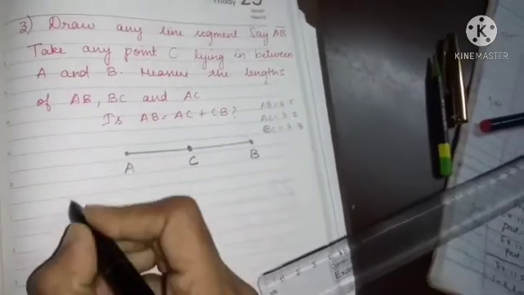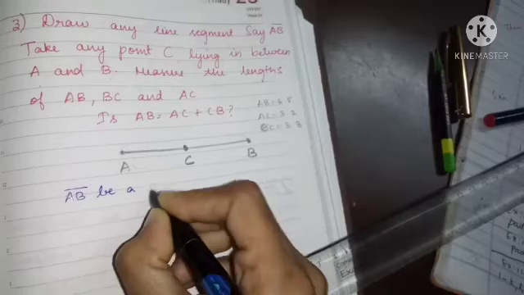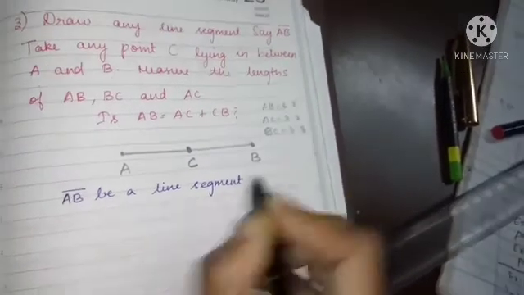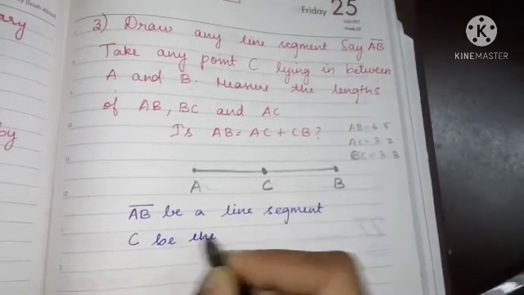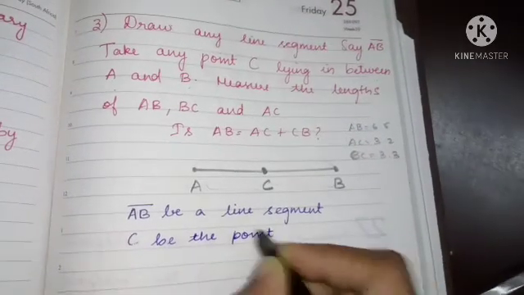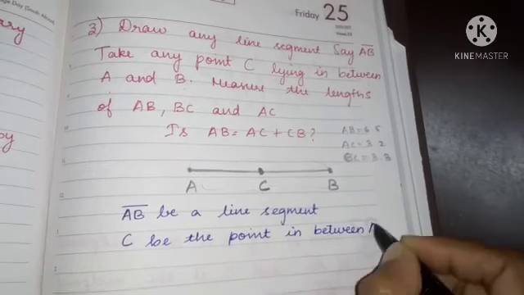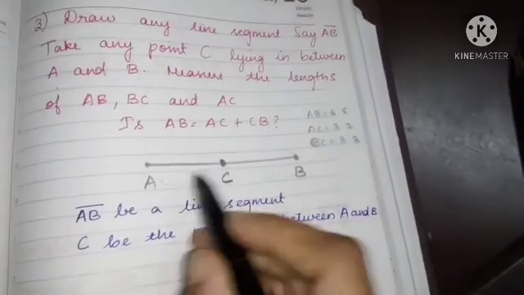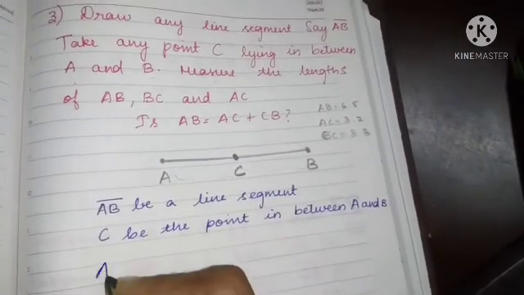Listen, I have drawn a line segment AB. AB be a line segment, and C be the point in between A and B. So what is the length of AB?